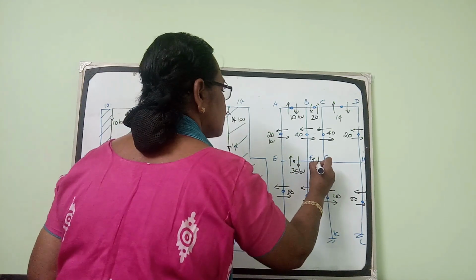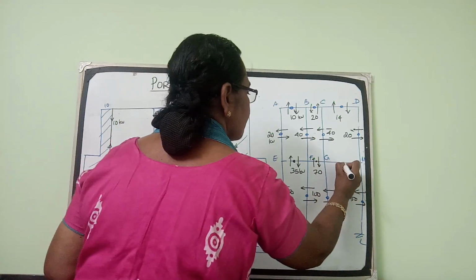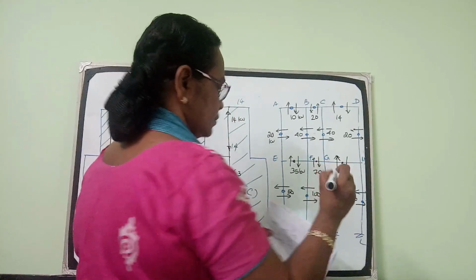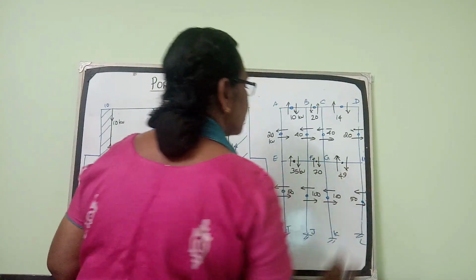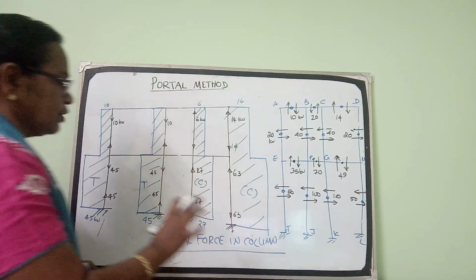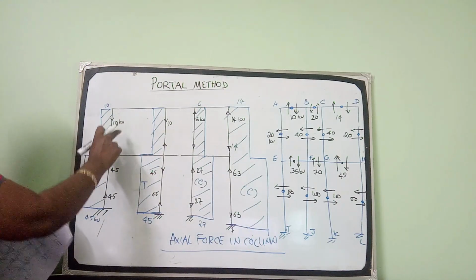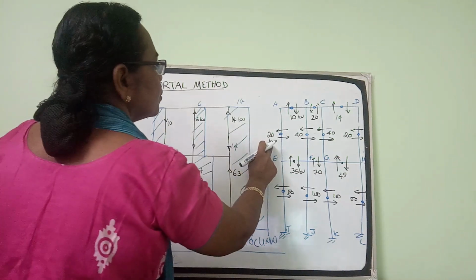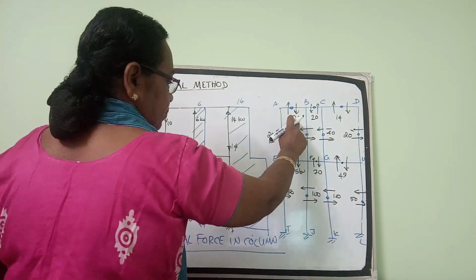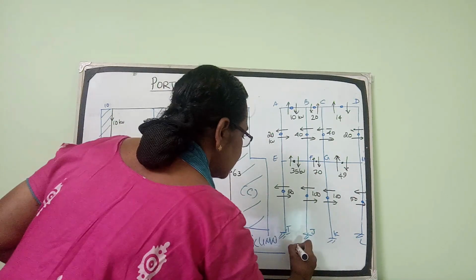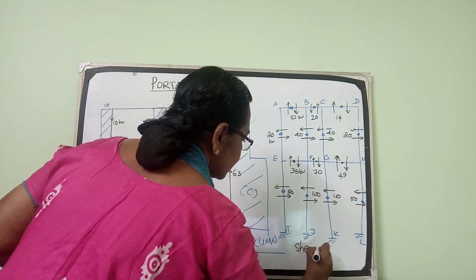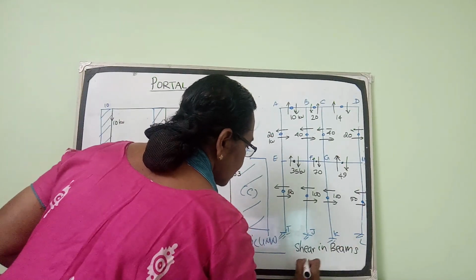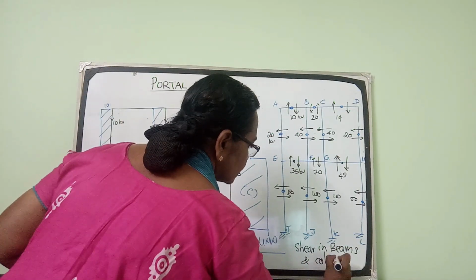This was 70. This beam 49 kilonewton. So it is very important that you have to write the unit in the diagram at least at one place. So here kilonewton, kilonewton, kilonewton. So this shows the shear in beams and columns.